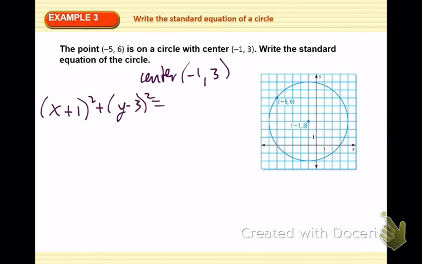Again, the radius is defined as the distance from the center to any point on the circle. So, distance formula for those 2 points.